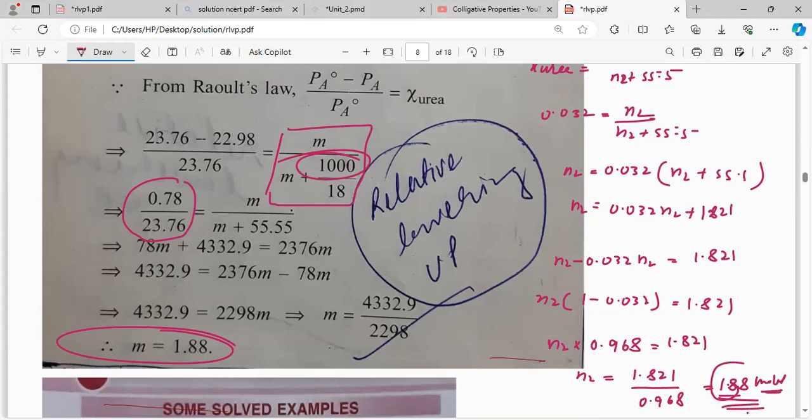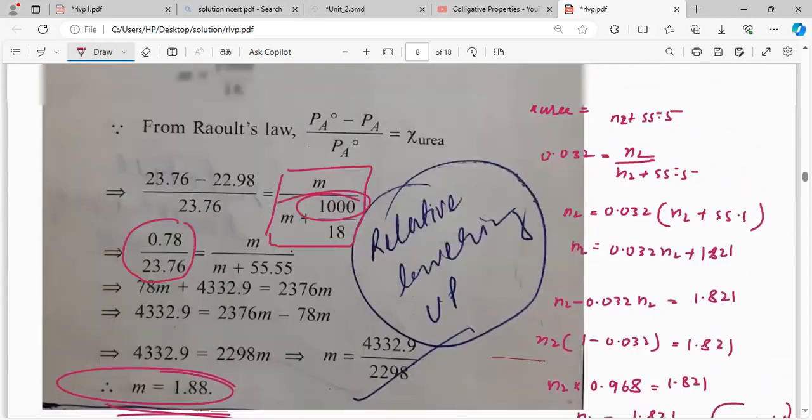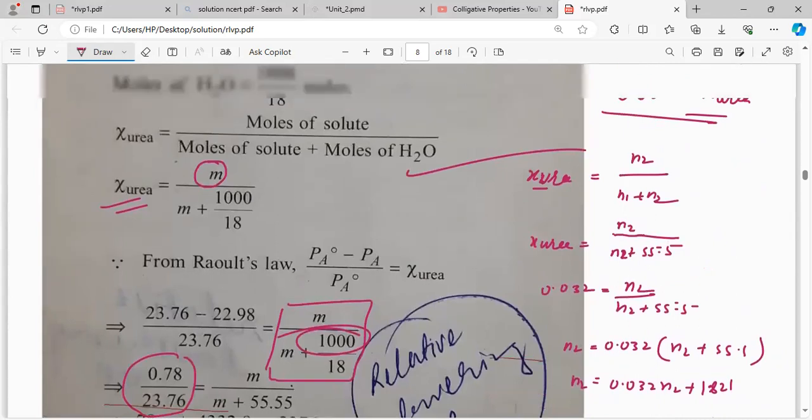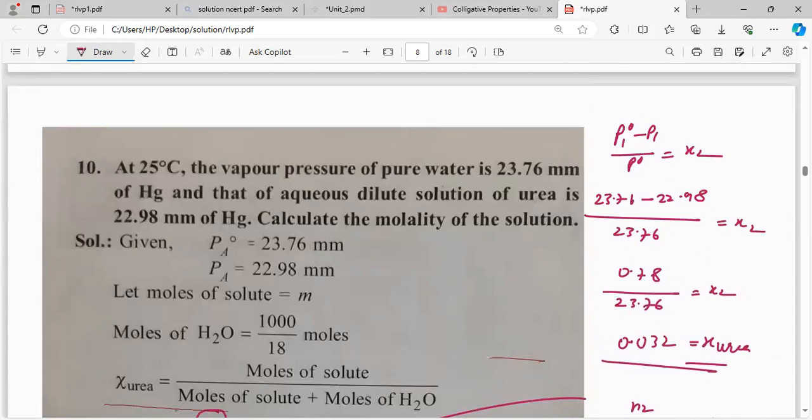Can you see this one? Can you understand? This is a little bit tricky one. Yes. Can't you understand this? Yes, sir. Okay. Now see this question. Vapor pressure of pure water. This one, sir, non-volatile, but can you show the upper part of the solution? Are you writing this one? One second.